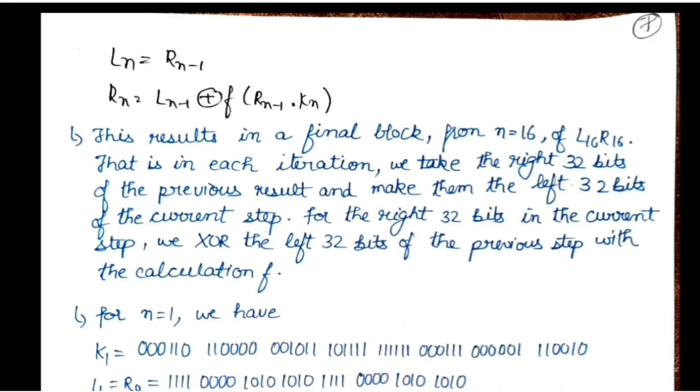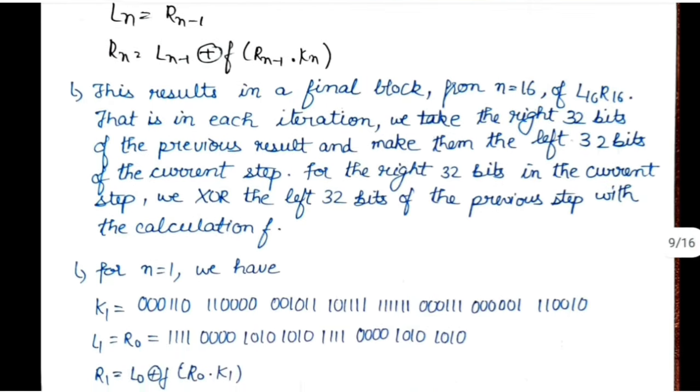Let me take an example. If you want to calculate the value of L4, then for L4 you will write the value of R3 directly, and to calculate the value of R4 you will take L3 and XOR it with the function f of R3 and K3.